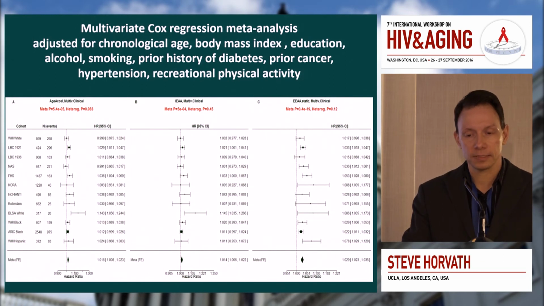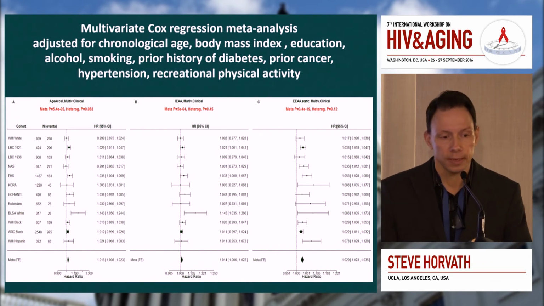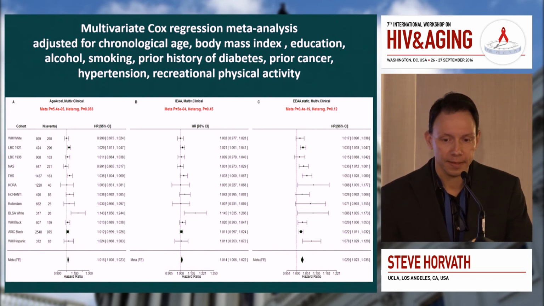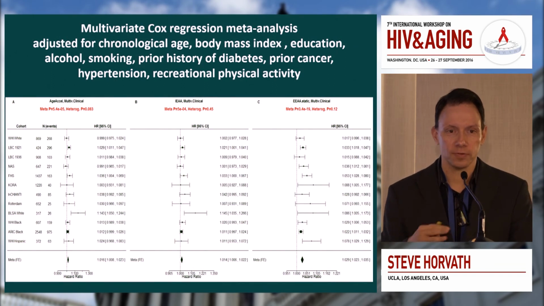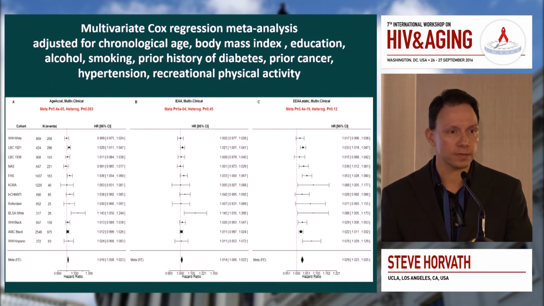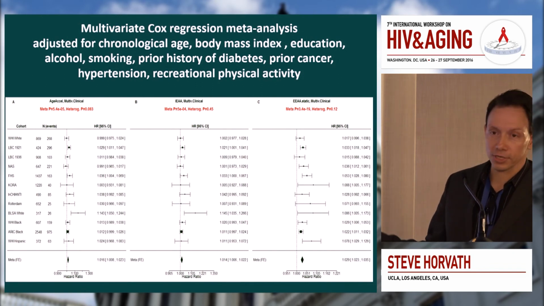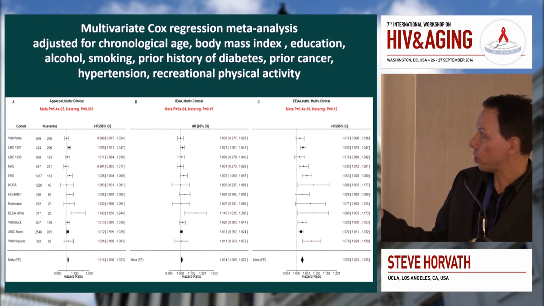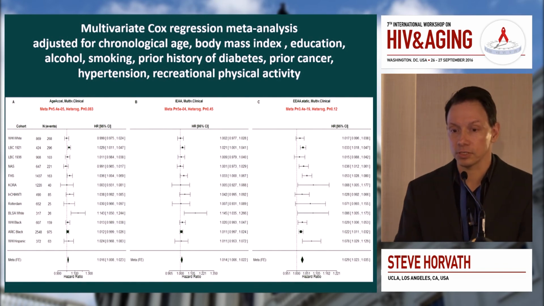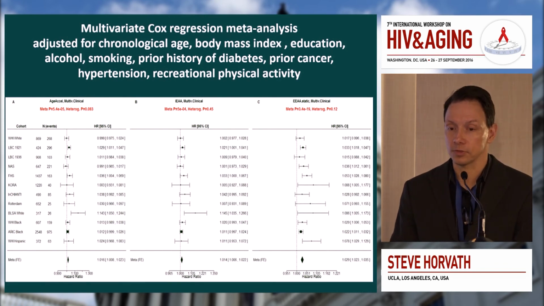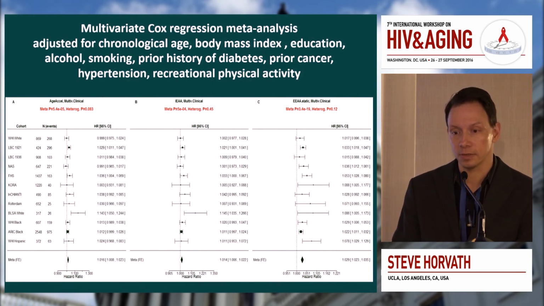What is particularly striking is that these models predict, or epigenetic age acceleration predicts mortality even after you adjust for all the covariates and risk factors that you could think of. We certainly always adjust for chronologic age, that's a given, but also body mass index, education, alcohol consumption, smoking status, history of diabetes or cancer, hypertension, the amount of physical activity you do.